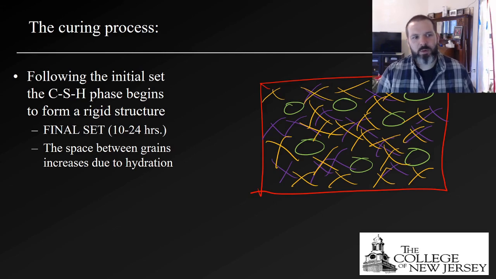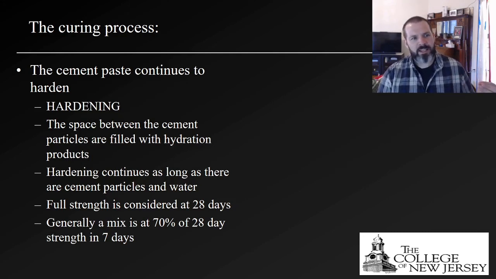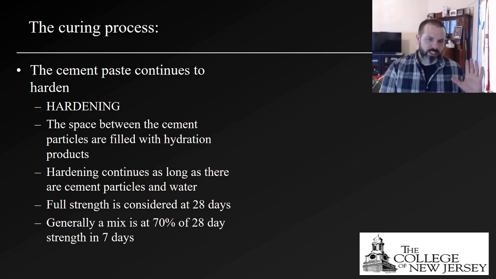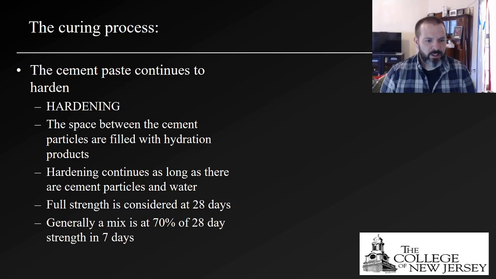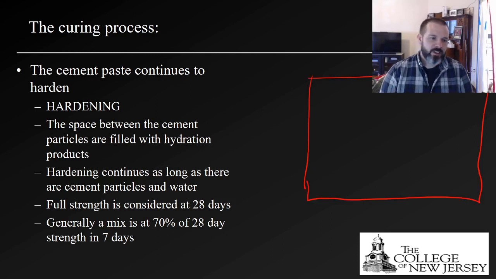At this point, we have final set, and you can't do anything with the concrete really, and this happens between 10 to 24 hours of having poured the concrete. Now, hardening is a phase, but it's a phase that will continue for the rest of the concrete's life. Basically, concrete will harden until there is no Portland cement left.